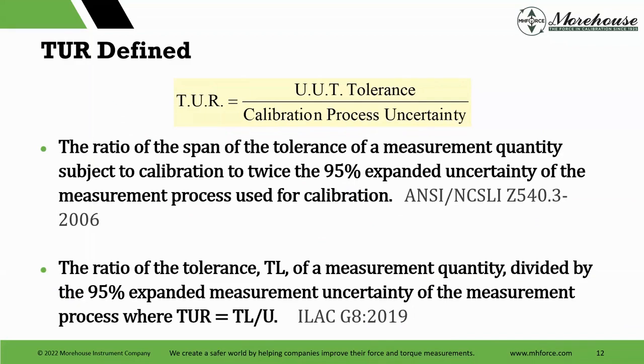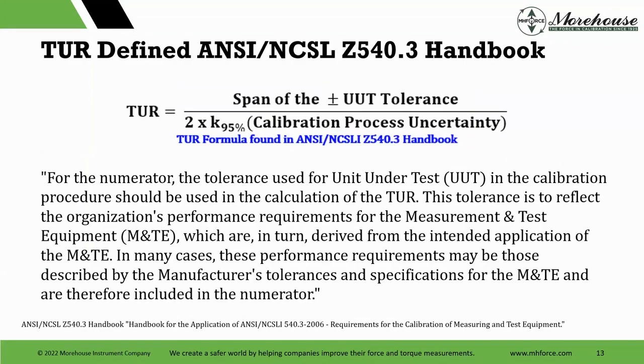However, the span of the tolerance in the numerator must be clearer in the ILAC G8 version. If the tolerance is not symmetrical, meaning plus or minus 10 on each side, up or lower, not symmetrical, then the ANSI NCSLI definition here is clearer. So it's something for the ILAC G8 folks to maybe clean up in a new revision.